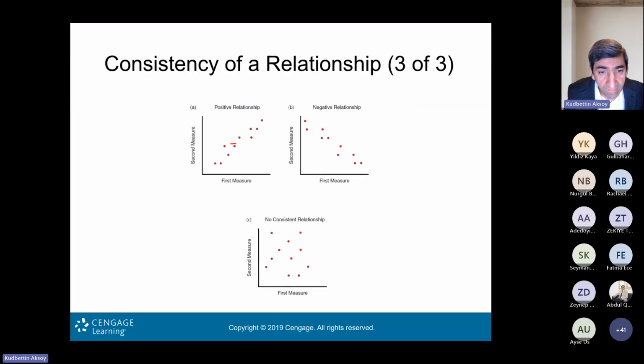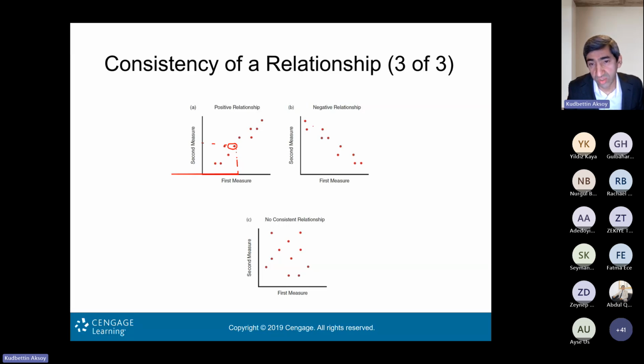A student has a score on test A and test B. You just chart them like this. If your data lines up like a line, that's a perfect relationship, which is not very realistic. It's not what you would come to see, but just to give you an idea, it is a positive relation.